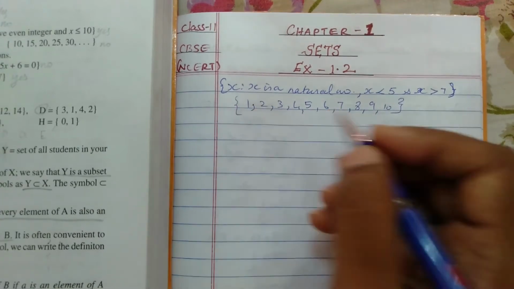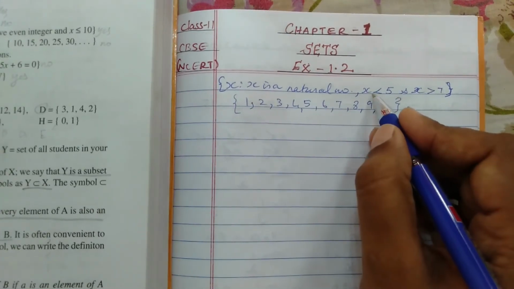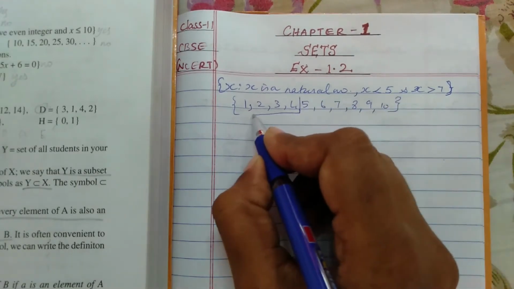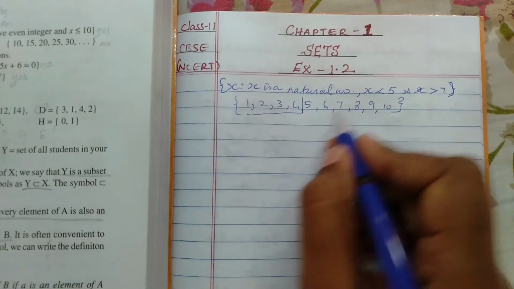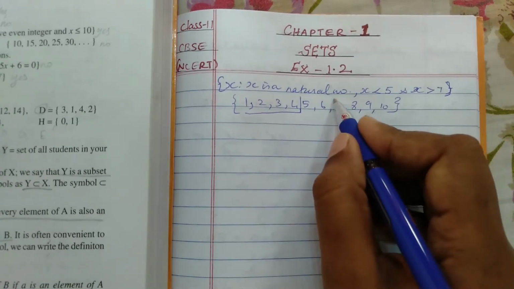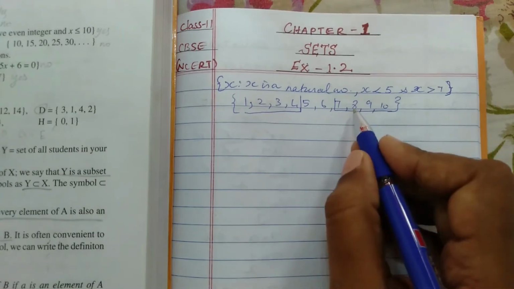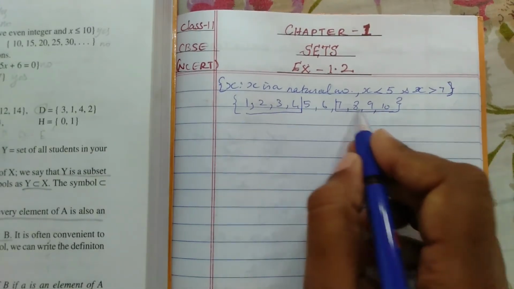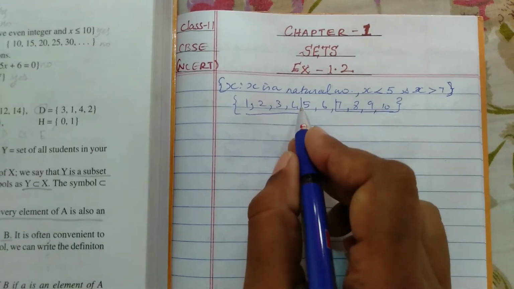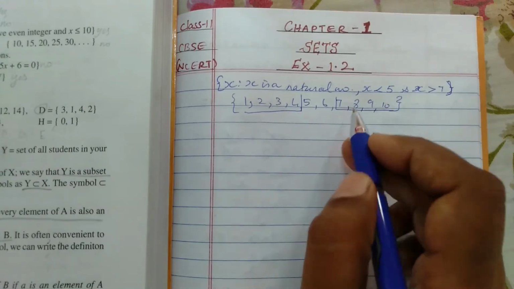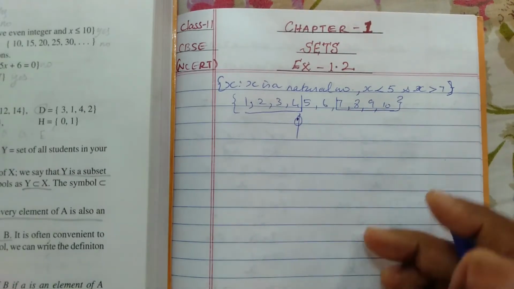If this is the set, then x is less than 5. Less than 5 means it should be somewhere here, right? And it is also said that x is greater than 7. 7 is here. If it is greater than 7, then it should be 8, 9, 10 or something like that. But both cannot be possible, right? So x cannot be lesser than 5 and then greater than 7. So this is not possible. So therefore this is a null set.